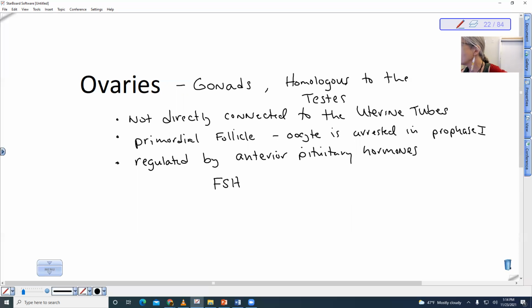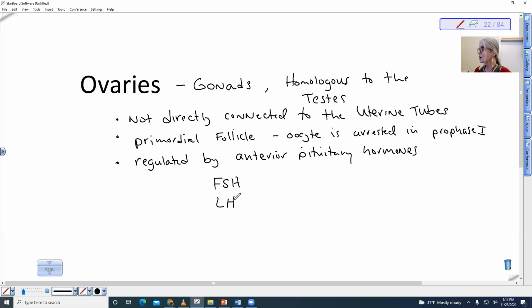FSH stands for follicle stimulating hormone. We talked about this as it relates to the regulation of male reproductive cycles. And FSH, remember, in the male actually stimulates spermatogenesis. Then we have LH, so that's luteinizing hormone.